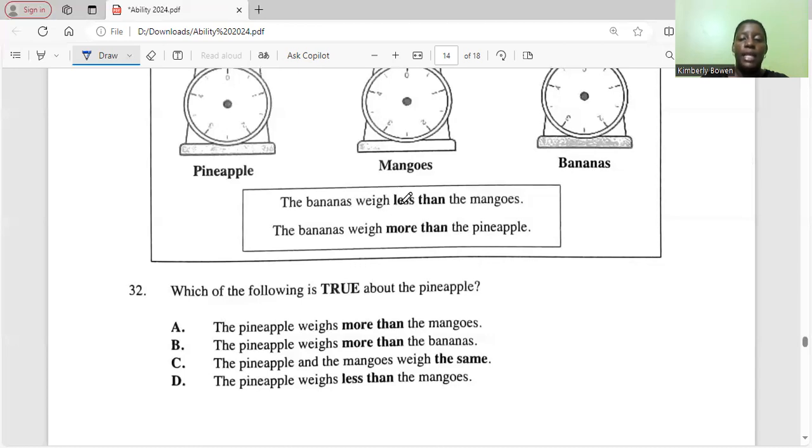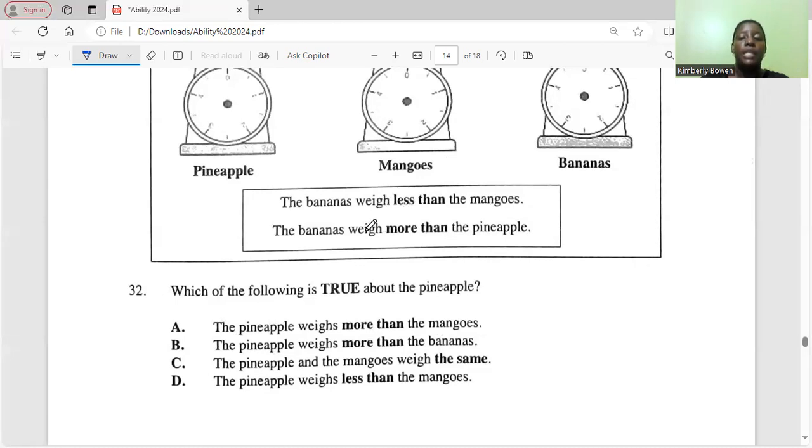Because if the bananas weigh less than the mangoes, then that means the mangoes weigh more than the bananas. Pineapple weighs more than the bananas is not correct. There is an explicit statement that says that. Pineapples and mangoes weigh the same. There's also an explicit statement that says that.